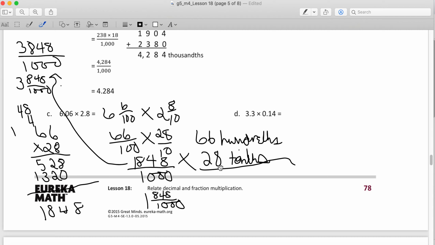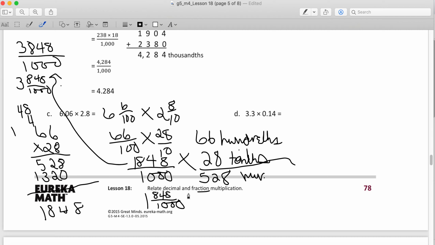And so we already know what the answer is, right? So we know that this is going to be 528, 528. And actually, you could write hundredths here. You could do that.